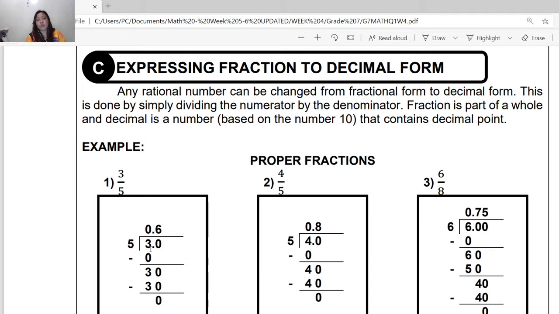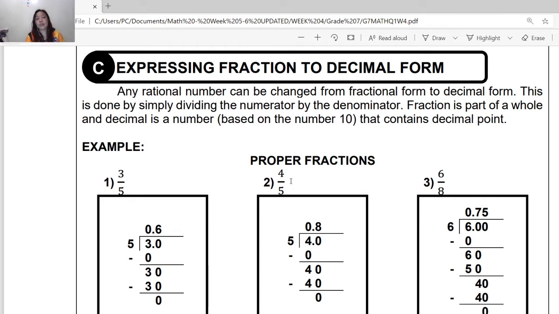If you have a smaller number as the dividend and you divide it by a bigger divisor, you just add a decimal point and add 0. So this now becomes 30 divided by 5, then you have 0.6. So the same process here.